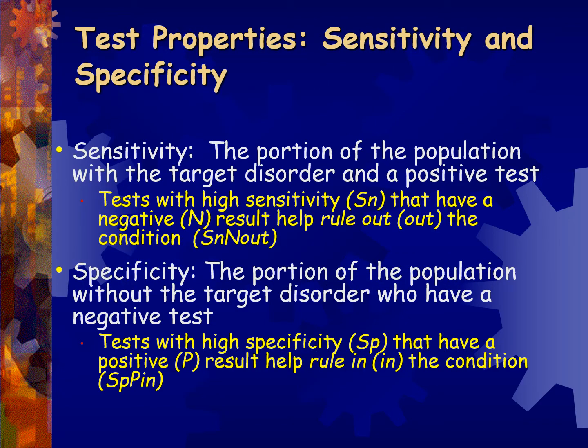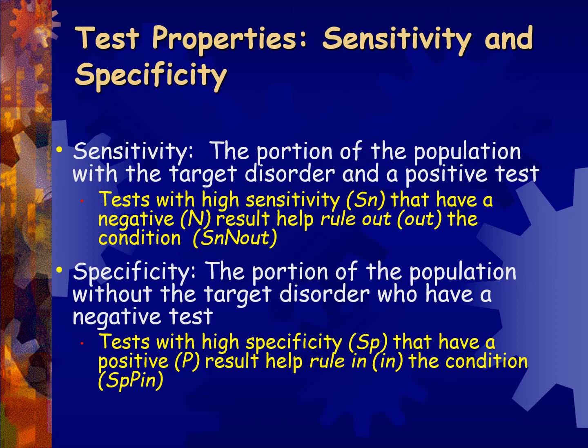Let's take a moment and discuss these basic concepts of sensitivity and specificity. The formal definition of sensitivity is the proportion of the population with the target disorder who have a positive test. The formal definition for specificity is the proportion of the population without the target disorder who have a negative test.